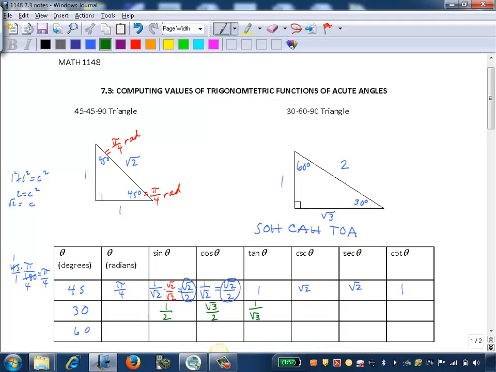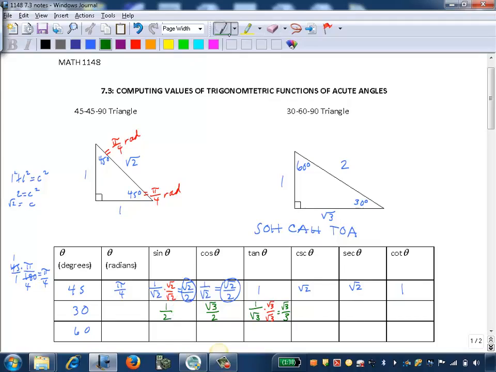1 over radical 3, and I want to rationalize, so multiply by radical 3 over radical 3. That gives me radical 3 over 3. And again, we've got the basic 3 here, so we can do the reciprocals to get the remaining 3. The reciprocal of sine gives cosecant, so if I flip 1/2 over, I get 2.